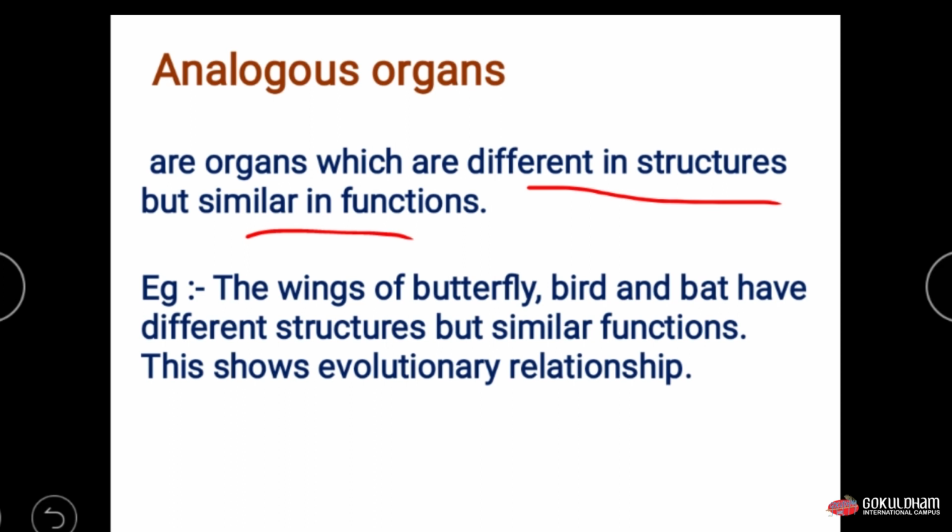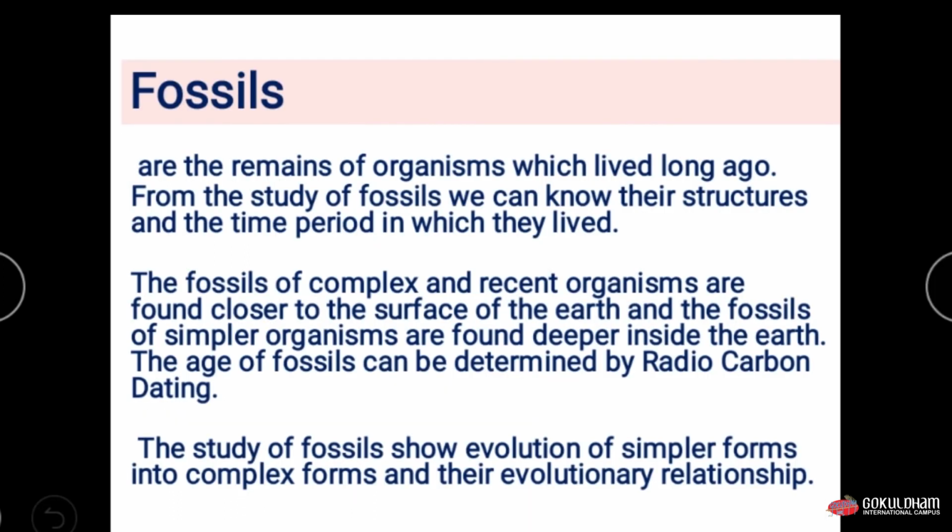Now the next evidence of evolution is fossil. Fossils are the remains of organisms which lived long ago. From the study of fossils we can know the structure and the time period in which they lived.